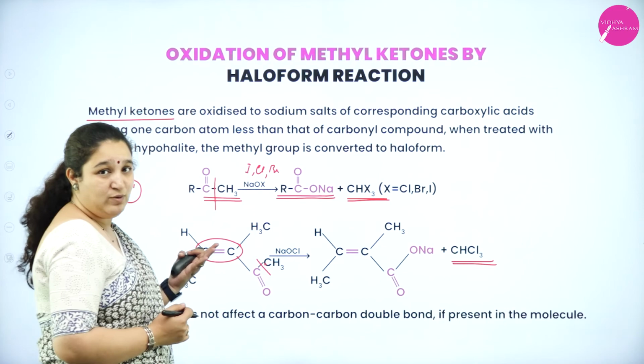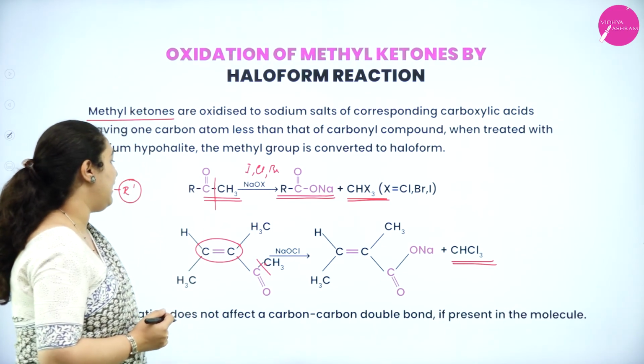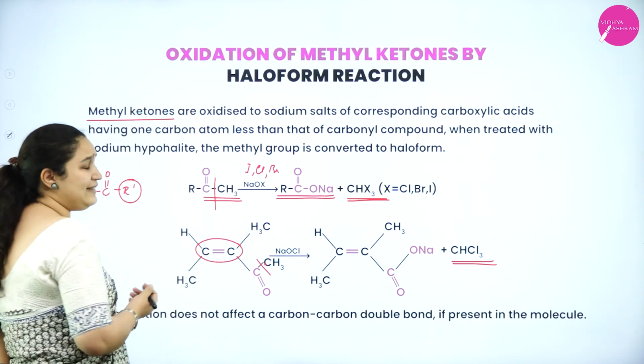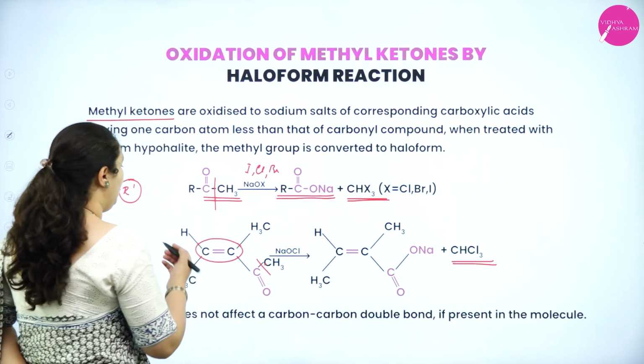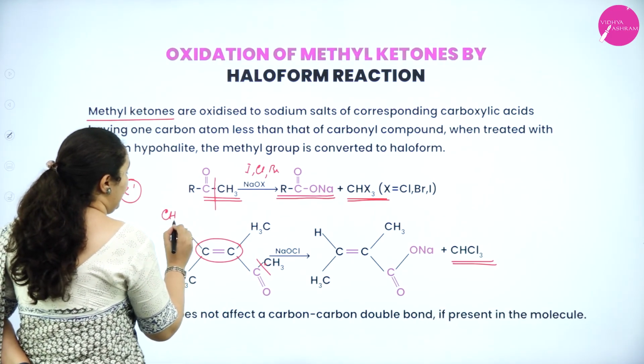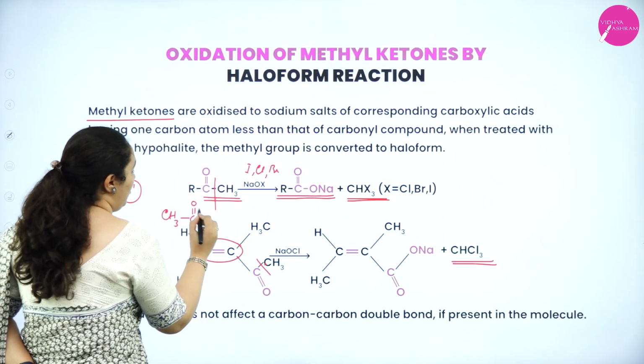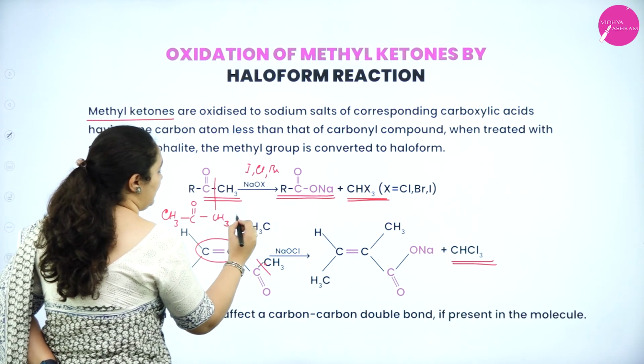So if you want me to write one more example, I can write for this. I'll take R as CH3 group. So I will get CH3, C double bond O, CH3. Okay.